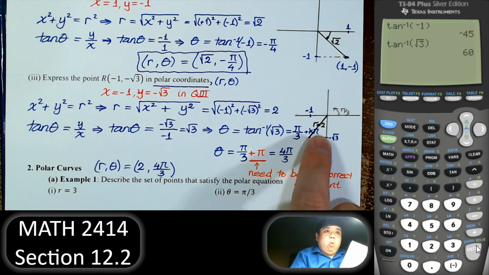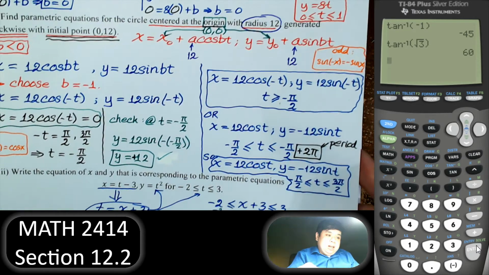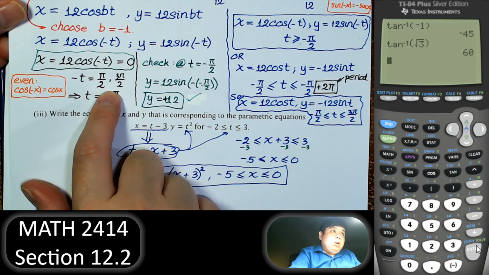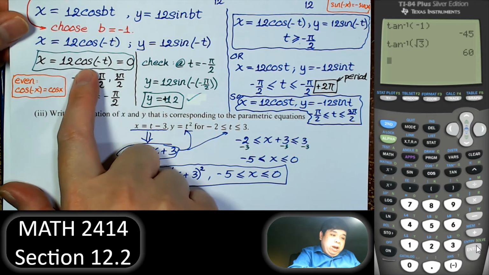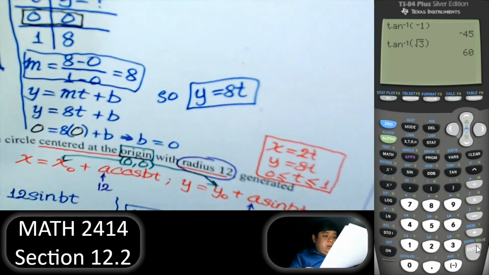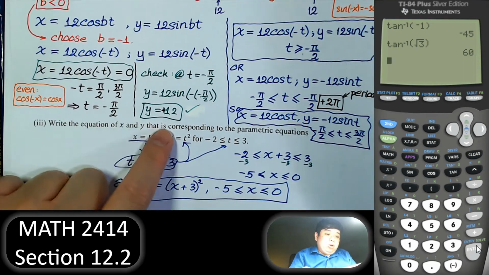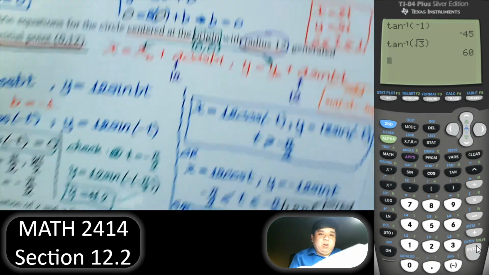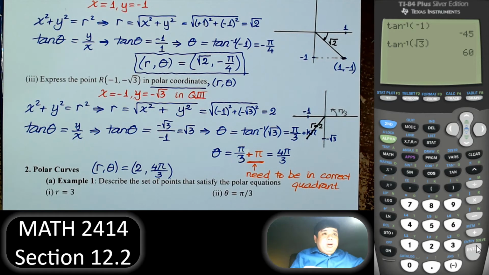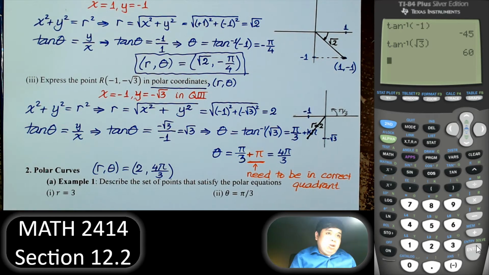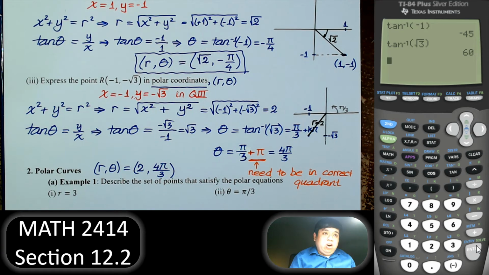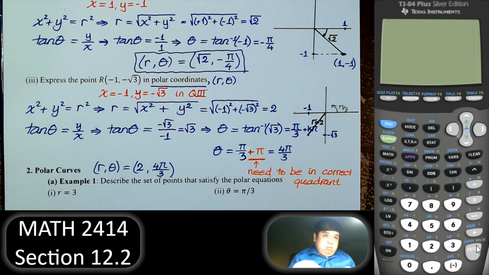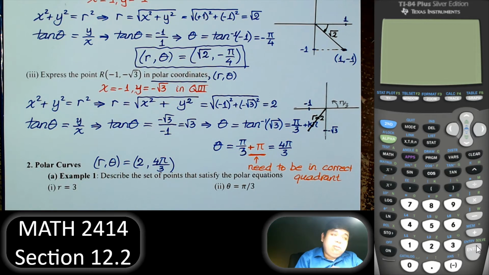We have to choose the one in the right quadrant. Just like in that problem, we have more than one value when we have cosine equal to 0. It just happened to check on the first one, so we don't have to go any further. But if it doesn't work, remember for a trigonometric equation, there might be more than one answer. Right. Actually, we will do a lot more of that in the next section.